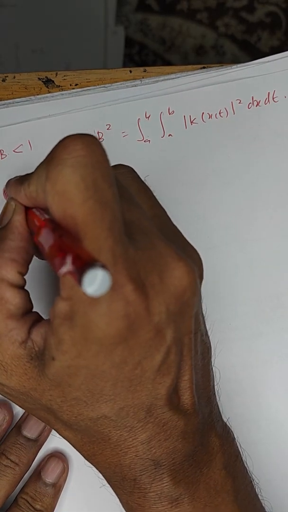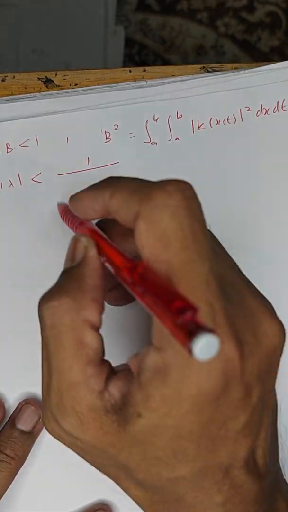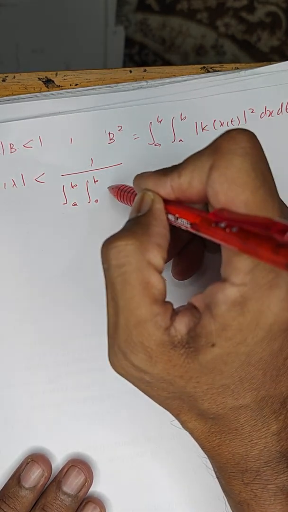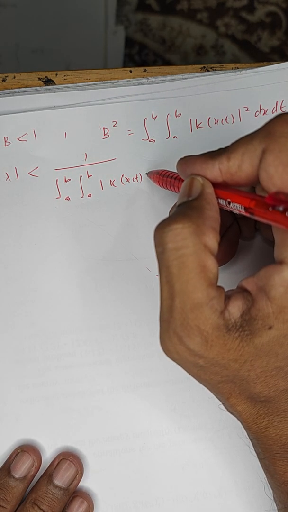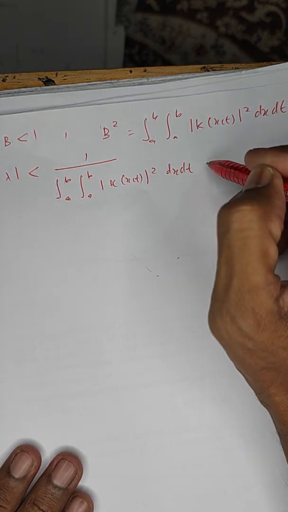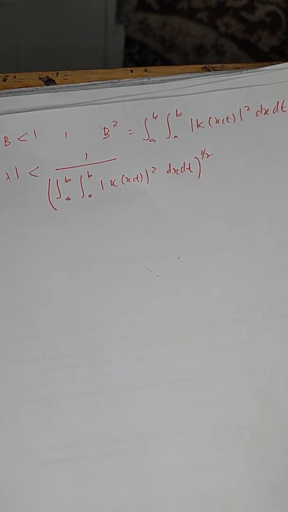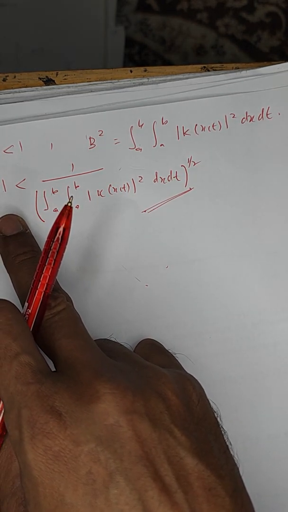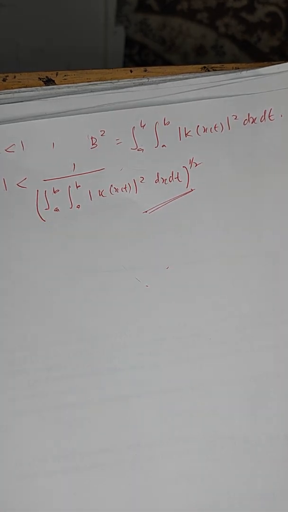Therefore lambda is less than 1 over b, so 1 over the double integral of k(x,t) squared dx dt to the half, because we have a square root there. This is the condition to ensure the Neumann series solution uniformly converges.